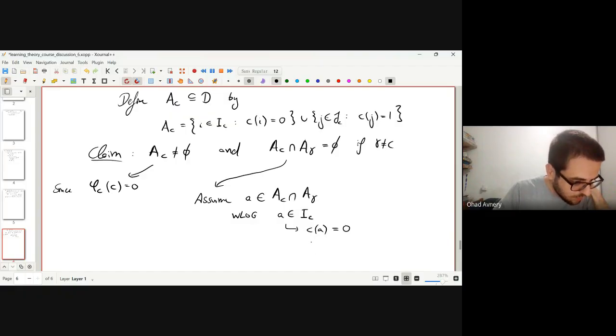But phi of v2 is 1, because xa is one of the terms in the entire conjunction.